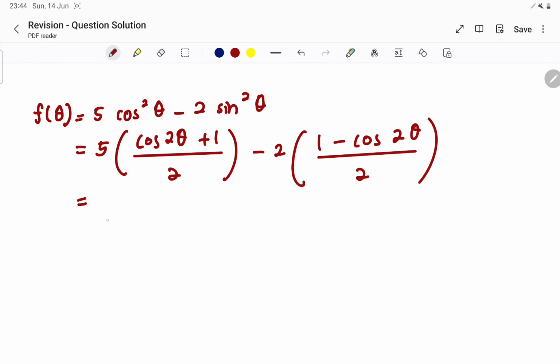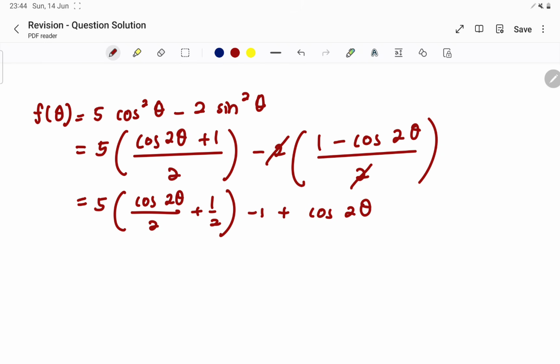Separate this guy into cos 2θ divided by 2 plus 1 over 2, and then this 2 can divide with the 2 just now, so you're going to get negative 1 plus cos 2θ. Then here you expand 5 over 2, and you're going to get 5/2 cos 2θ plus 5/2, minus 1 plus cos 2θ.